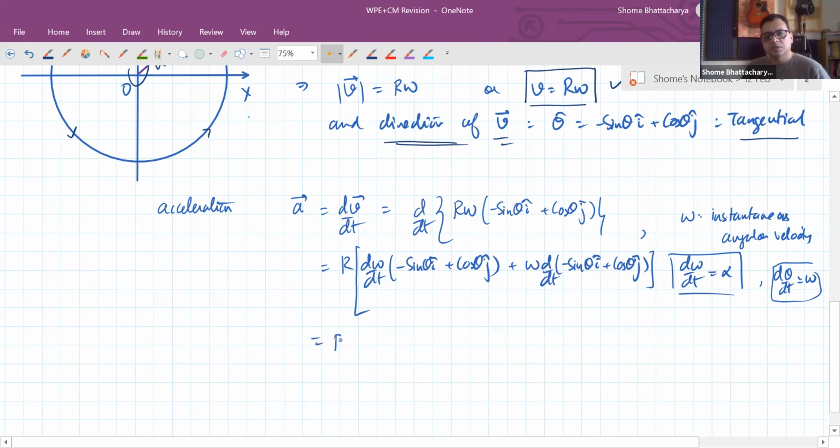So this becomes r into alpha into theta cap, and this term when we differentiate it, applying the chain rule again, we will get minus cos theta into d theta by dt, and then minus sin theta into d theta by dt.